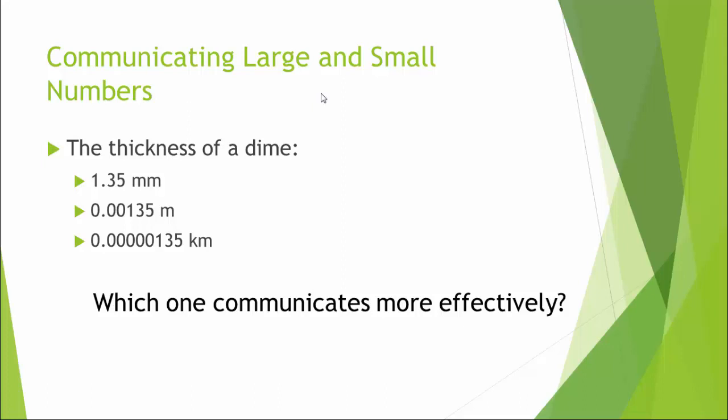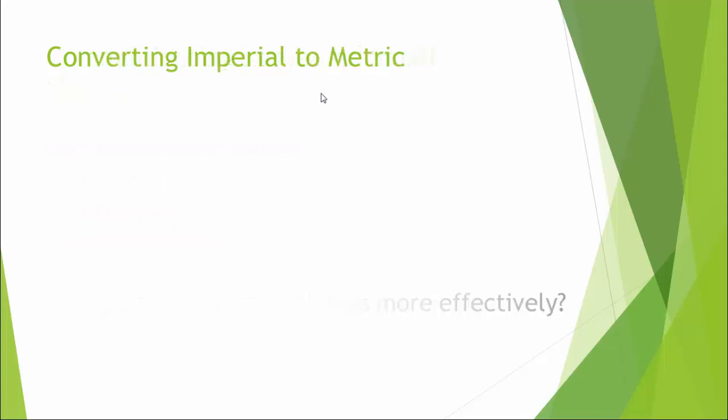But if I'm trying to communicate to you what the thickness of a dime is, which would you rather hear? 1.35 millimeters, 0.00135 meters, or 0.0000135 kilometers? In fact, we probably want to hear that 1.35 millimeters.